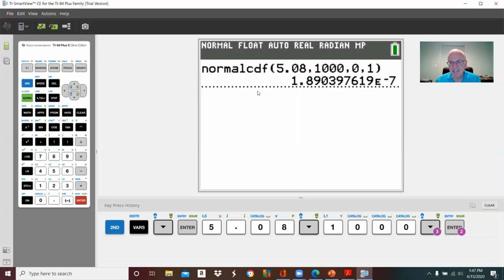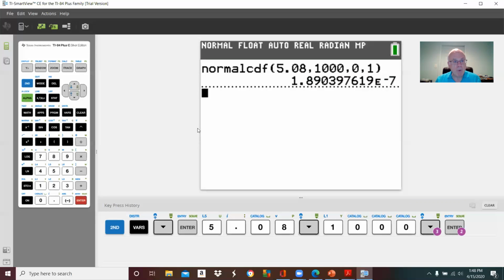That's practically zero. It's a really small number. So the probability of getting a z at least as large as 5.08 is practically zero. So that's obviously highly unusual to get 5.08 for z.